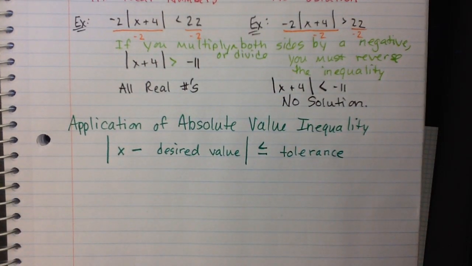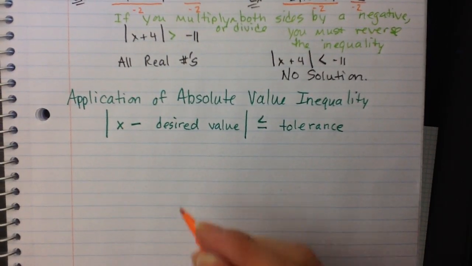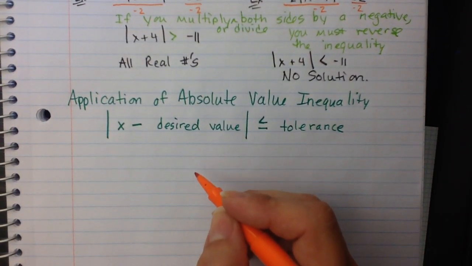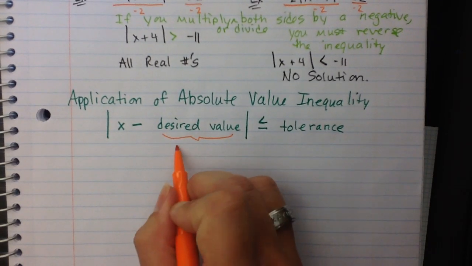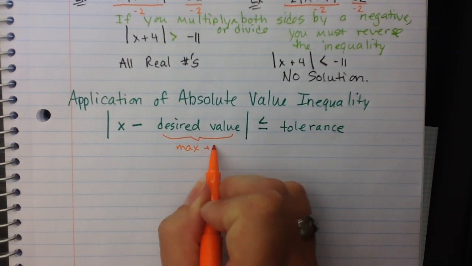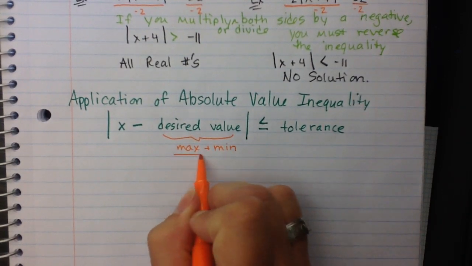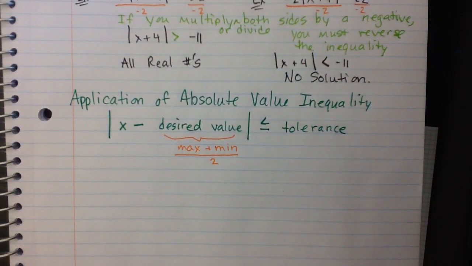Now, you don't always know the desired value and the tolerance. Sometimes you know the maximum and the minimum values. So to get the desired value, if you know the highest and lowest value, you take the maximum value plus the minimum value and divide it by 2.